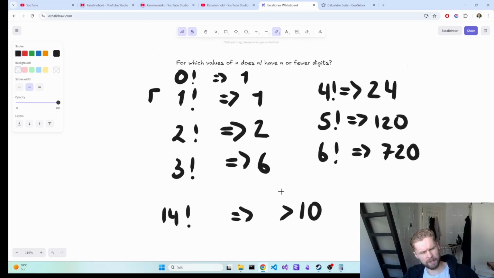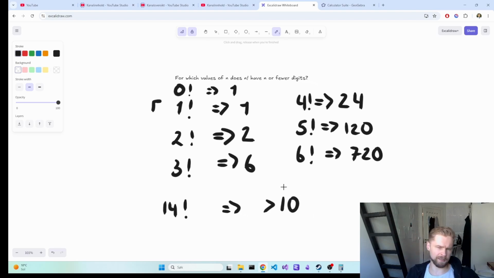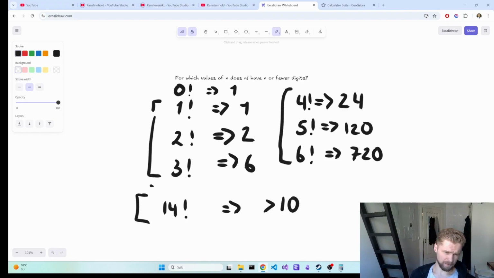Now is something gonna make sense here, because I can see that it goes from 1 and seemingly it's gonna go up until at least 14, right? When does it end, dude? Does it ever?